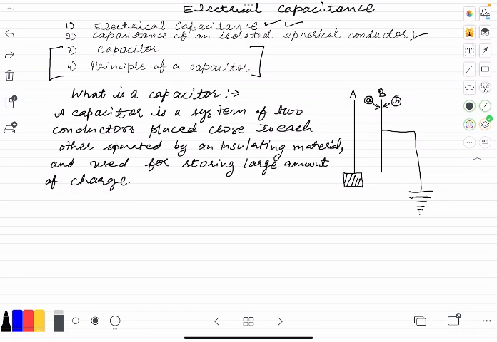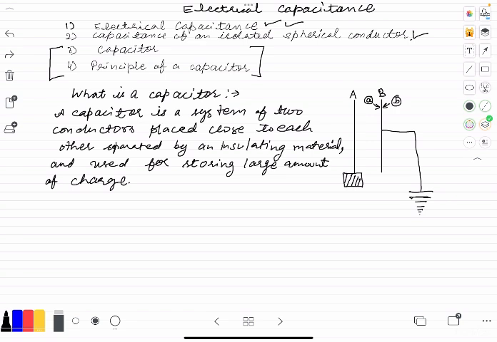Okay, so this diagram represents a capacitor. Here we have two conductors, conductor A and conductor B, placed close to each other and separated by insulating material. The plate B is earth. Okay, so how does it work?